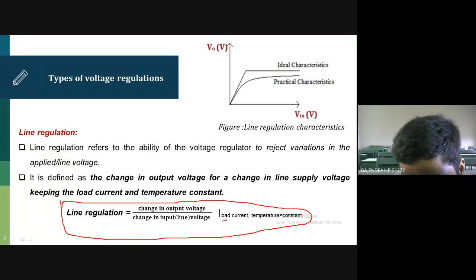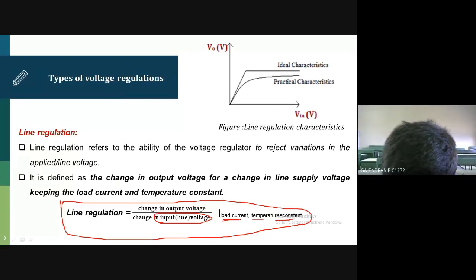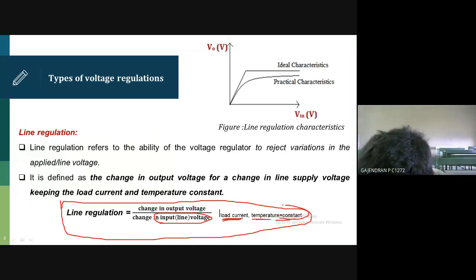இங்க load current and temperature constant வச்சிருக்கோம். Only we are allowing to change my input voltage. Let me tell you one thing. Previously I told load current vary pannum somewhere. Not like that one. We are going to keep the load current and temperature as a constant.